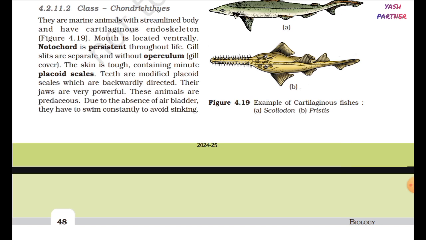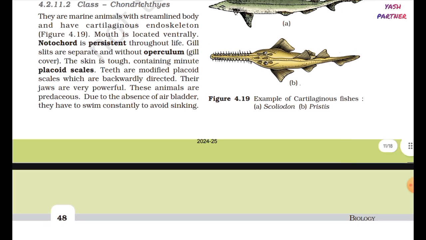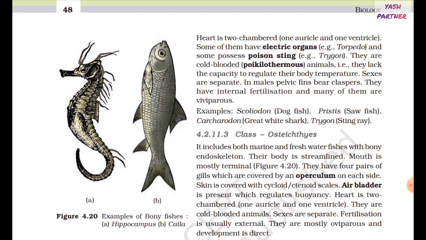These animals are predaceous. Due to absence of air bladder, they have to swim constantly to avoid sinking. Heart is two-chambered, one auricle and one ventricle. Some of them have electric organs, example Torpedo, and some possess poison sting, example Trygon.